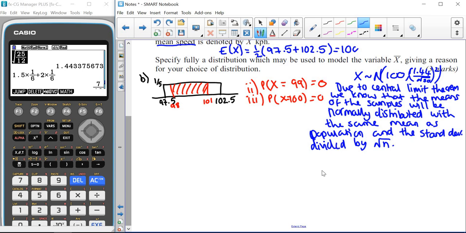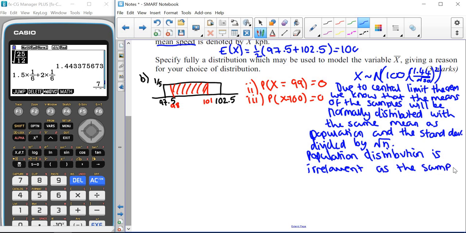It's only worth 3 marks, so you probably wouldn't have to go into this much detail, but you can say that the population distribution is irrelevant as the sample is sufficiently large, more than 30.